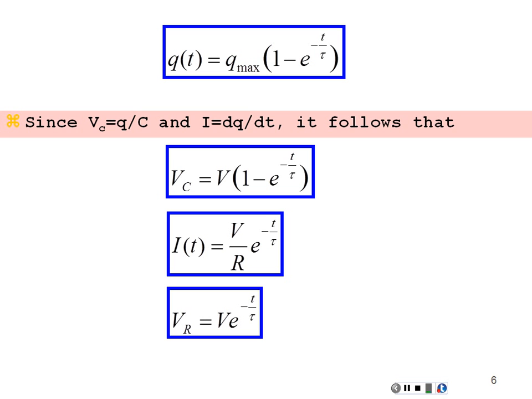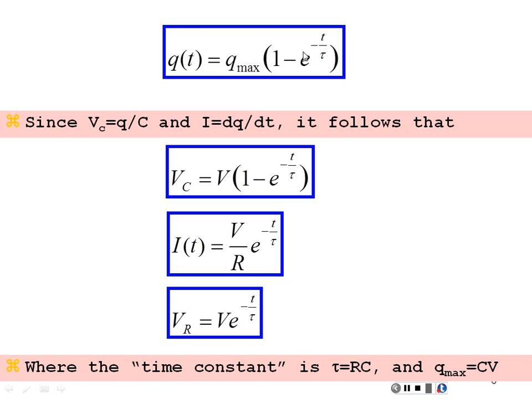Note that if I go back to this charging equation up top, if I go a time equal to a tau, which is RC, then I'll have e to the negative 1, which is 0.368. And in the parentheses, I'll have 1 minus 0.368, which is 0.632.